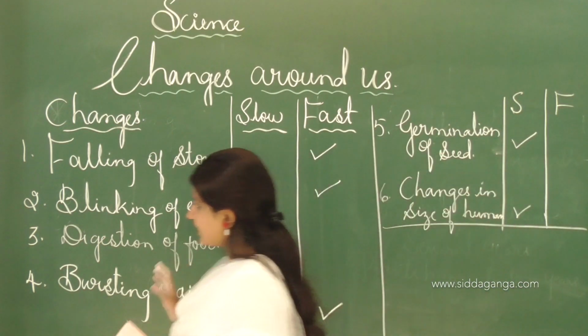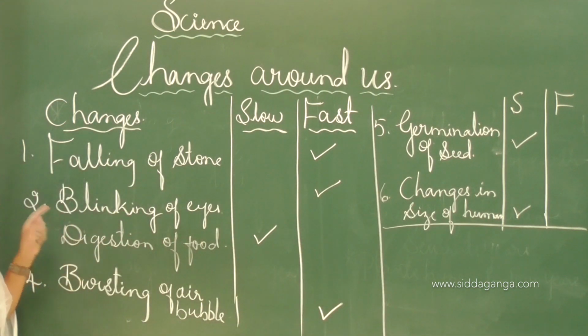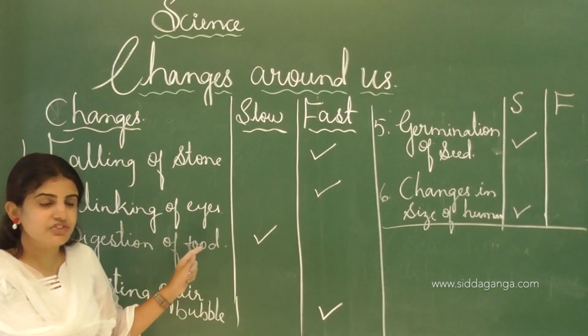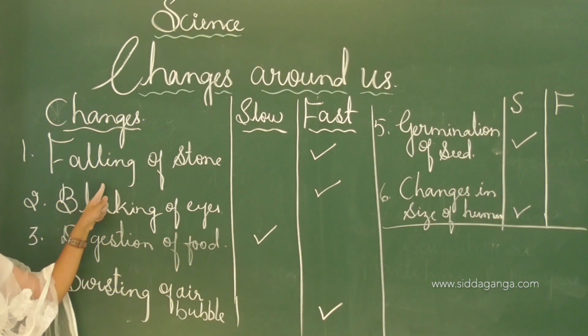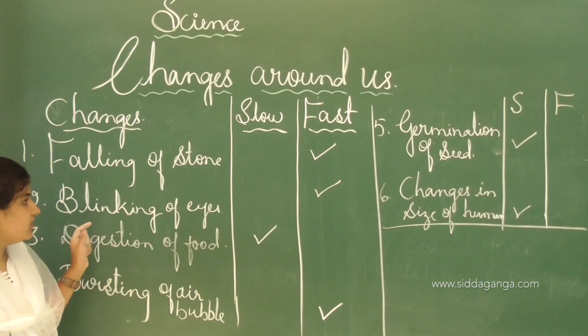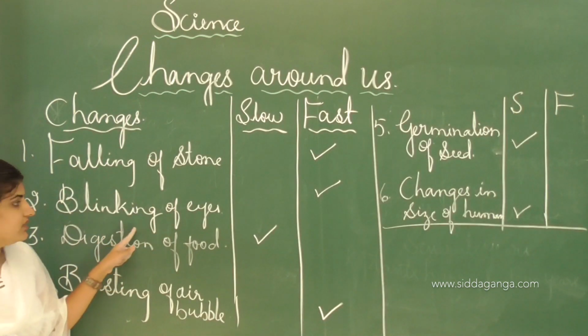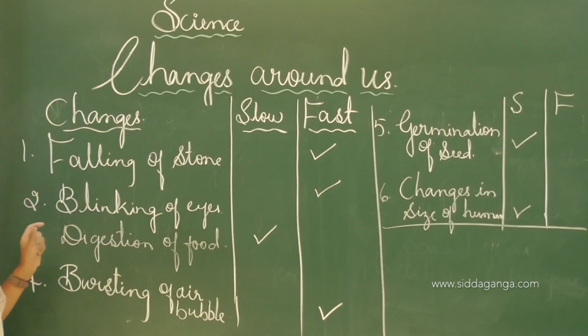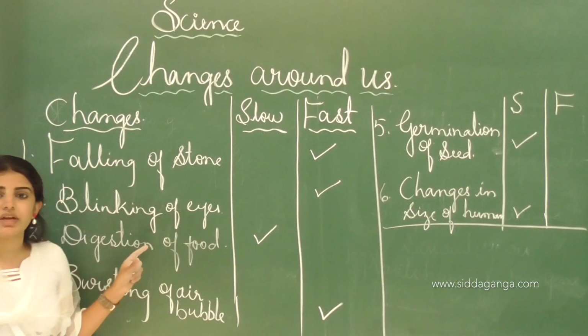See, these are all the different examples. Some of them are slow processes, whereas some of them are fast changes. Falling of the stone is a fast change, and the blinking of eyes is also a fast change, where in a fraction of a second we can blink.